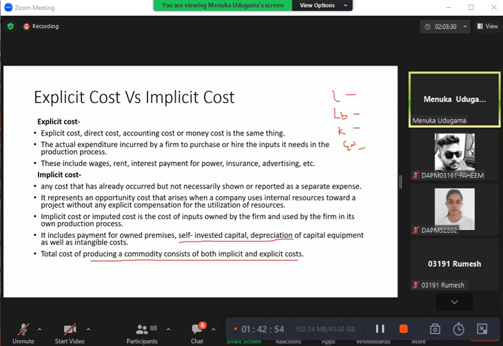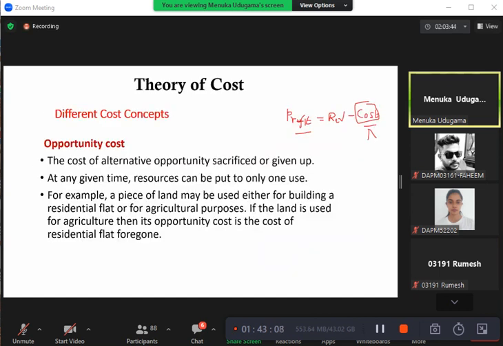Then implicit costs are costs that are not tangible. A good example would be the opportunity cost, where we already know what opportunity cost means. For example, if you have 2 options and you forgo one option, the benefit that you lose out on costs you, so that's called an opportunity cost, right?